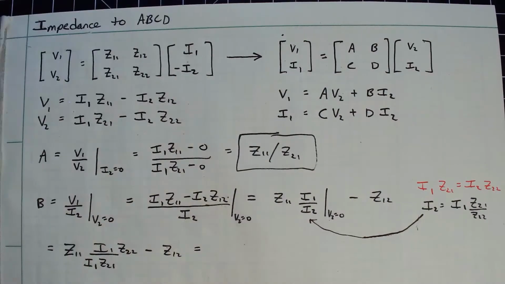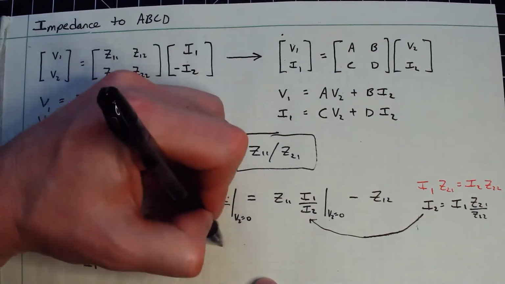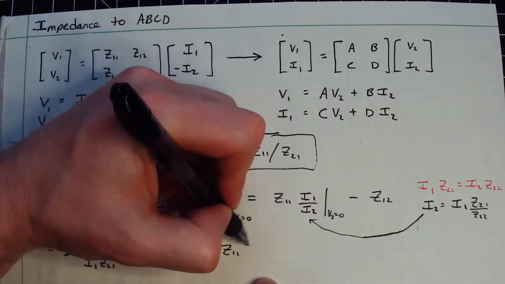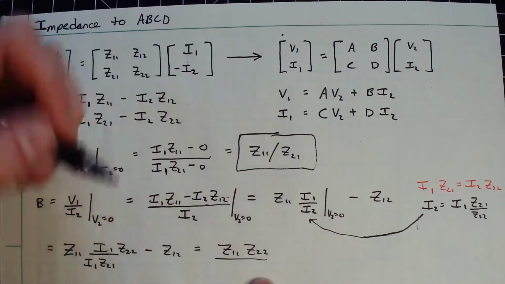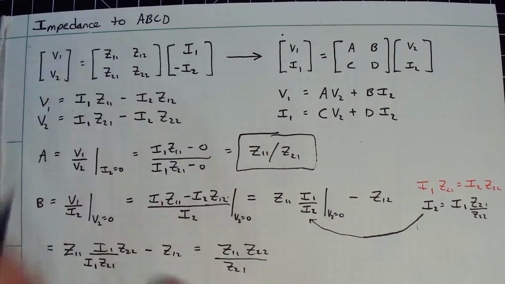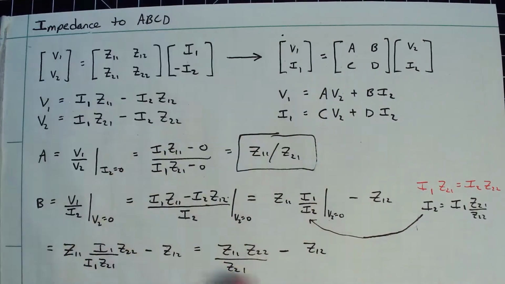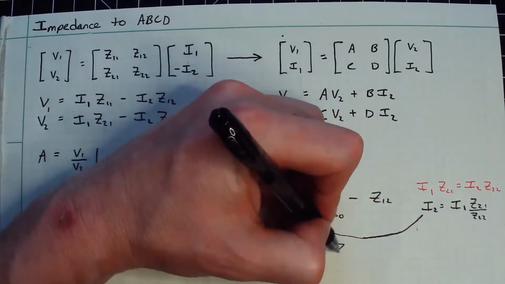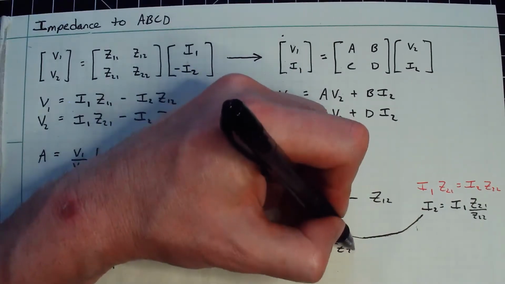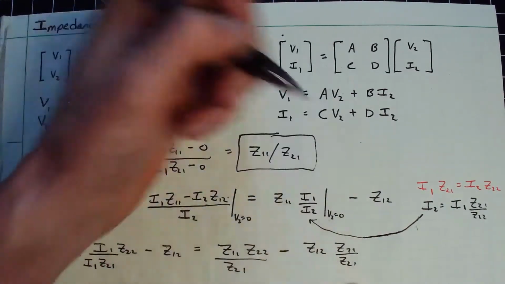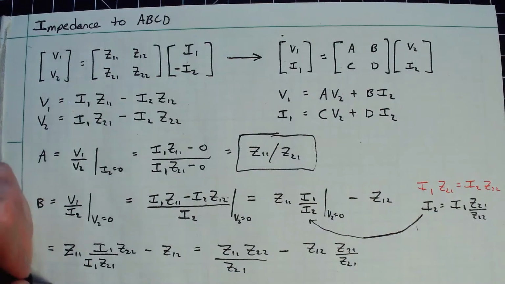So we'll get these guys dividing out, which gives us Z11, Z22 divided by Z21 minus Z12, which I'm now going to do a little bit of mathematical trickery and just multiply by Z21 over Z21. So I have a common denominator.